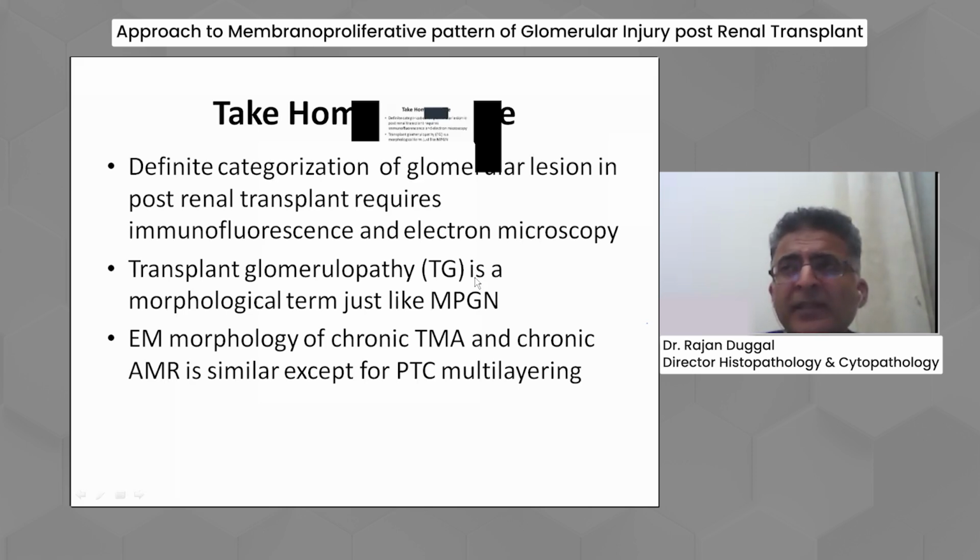If they reduce the CNIs, and despite that the ATN is progressive, and they do a repeat biopsy, and the ATN is of a similar intensity as the first biopsy, for example both showing mild ATN, I would suggest that you can completely stop the CNIs or replace them with something else.